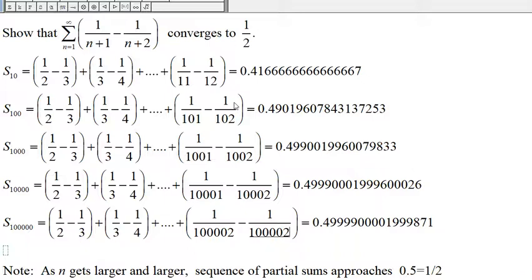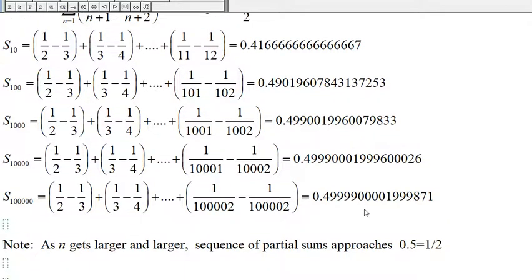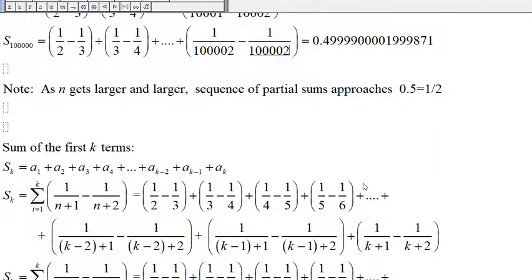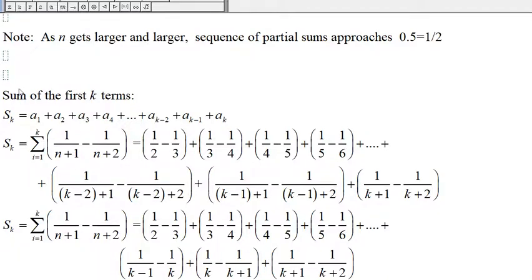But we got this number by using the summation program. Now let's analyze this and show that we do get 1/2. The sum of the first k terms is a sub 1 plus a sub 2, a sub 3, a sub 4, and then the last term would be a sub k, and the term before a sub k is a sub k minus 1, and the term before that is a sub k minus 2.